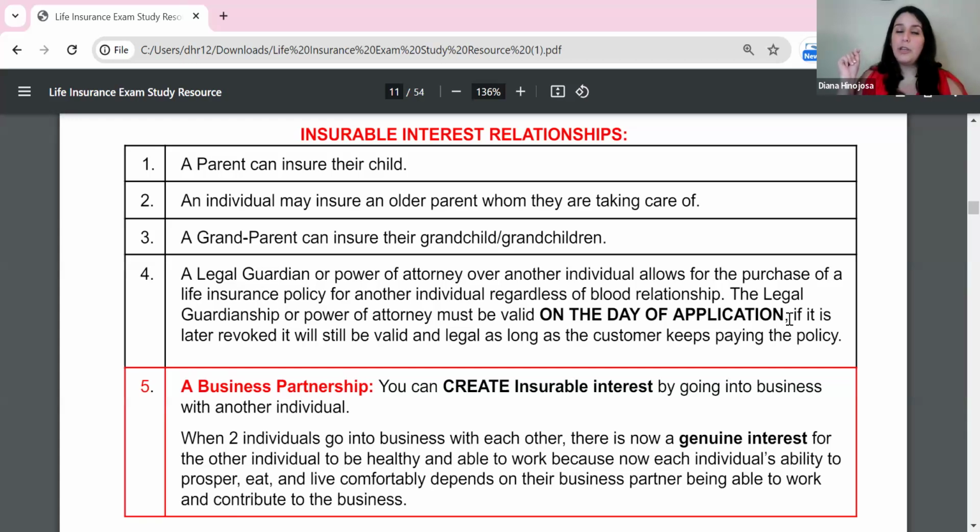Okay, guys, I want you all to make a note of this, because people will argue this with you all the time, and on the test it does tend to come up. Spouses cannot buy policies for their spouse. If you have a married couple, the husband cannot buy one for the wife, and the wife cannot buy one for the husband.